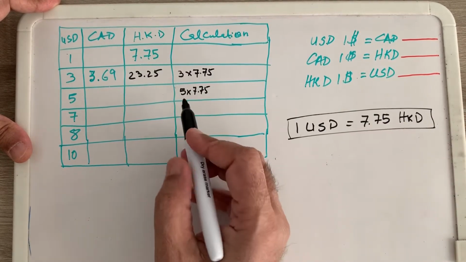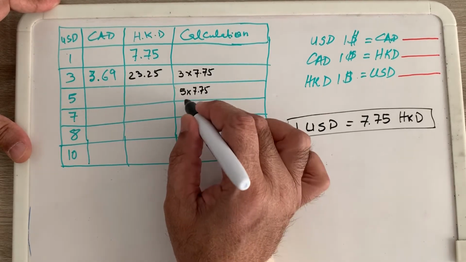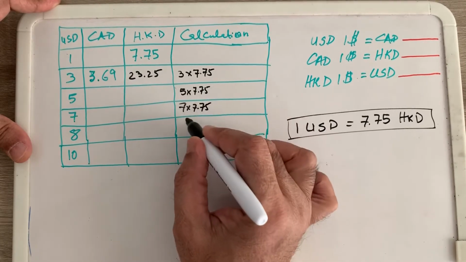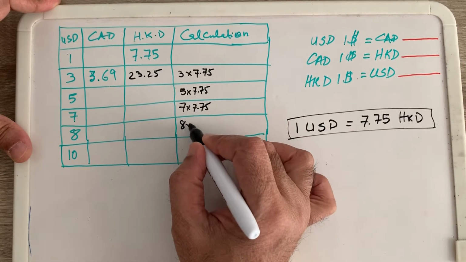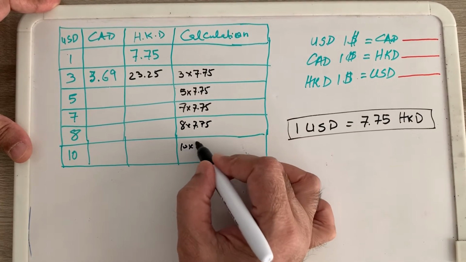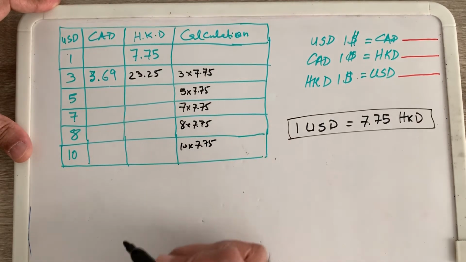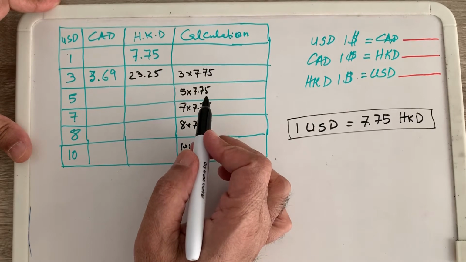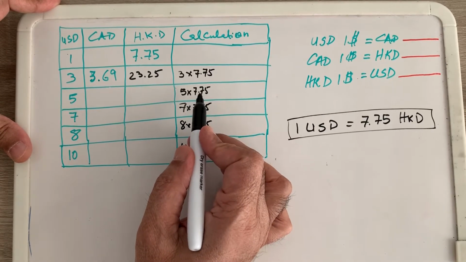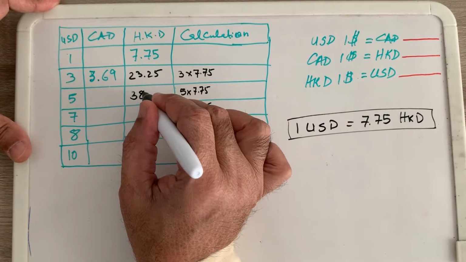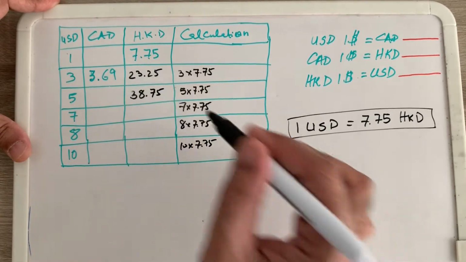So we multiply continuously in this table to get the value of HKD for 7 US dollars: 7 times 7.75, 8 times 7.75, and 10 times 7.75, and we receive the solution, right? So 5 times 7.75 is equal to 38.75, so you can do it by calculator.